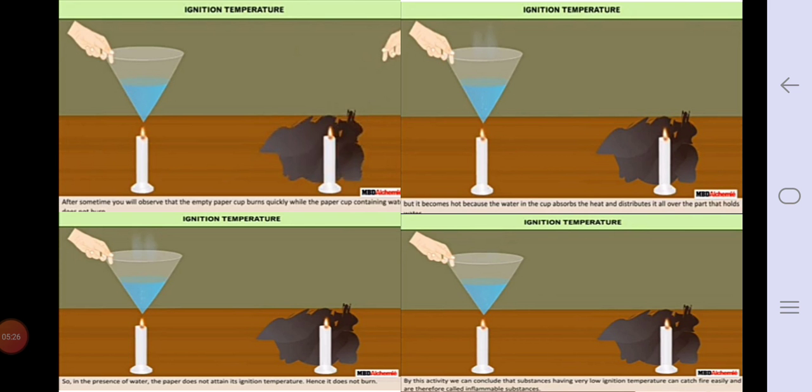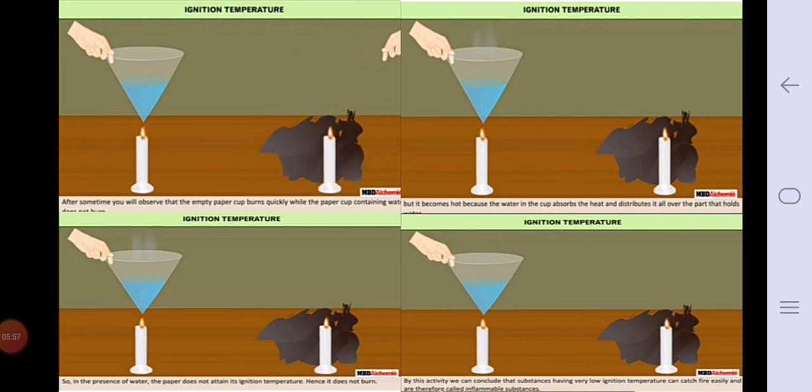And the vapors come out from it. In the presence of heat, water vapors, what happens? The substance having a very low ignition temperature catches fire easily, but the substances which do not reach the ignition temperature will not catch fire easily.